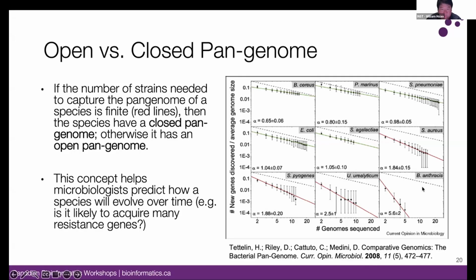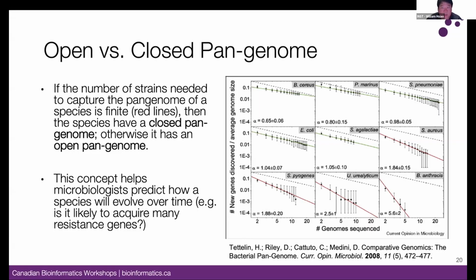So in the case of Bacillus anthracis, the causative agent of anthrax, you can see that it will be considered a closed pangenome, and after about 7 or so genomes analyzed, they didn't find any additional new genes.